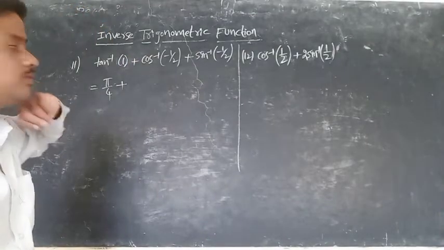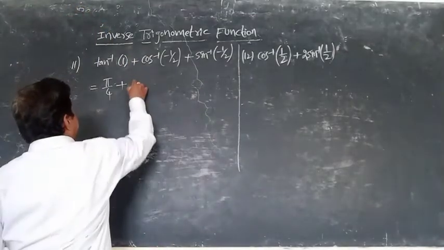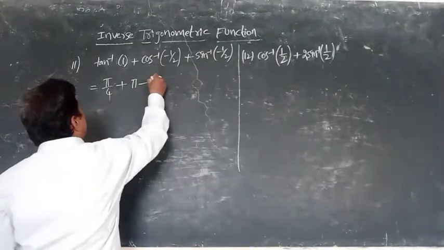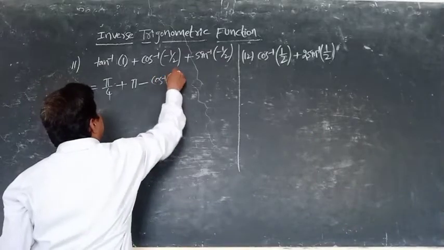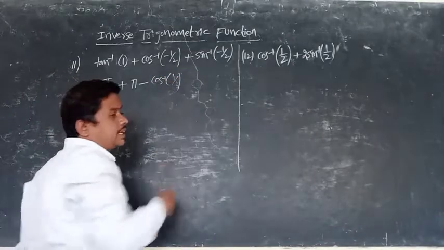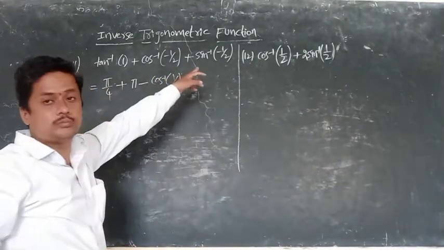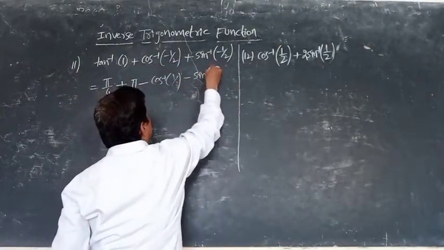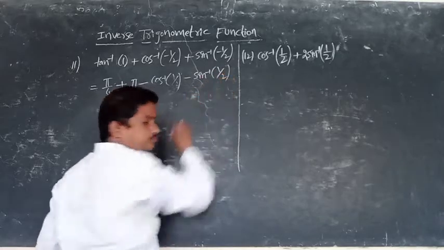Cos inverse of minus 1 by 2 can be written as pi minus cos inverse of 1 by 2. Sin inverse of minus 1 by 2 is minus sin inverse of 1 by 2.